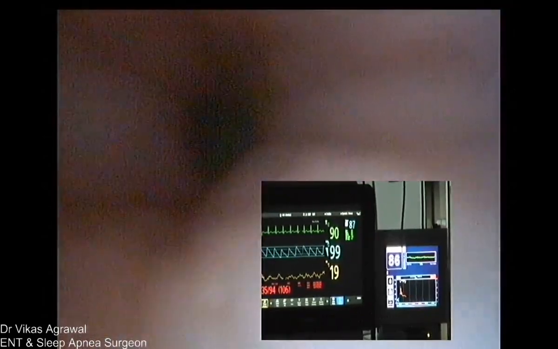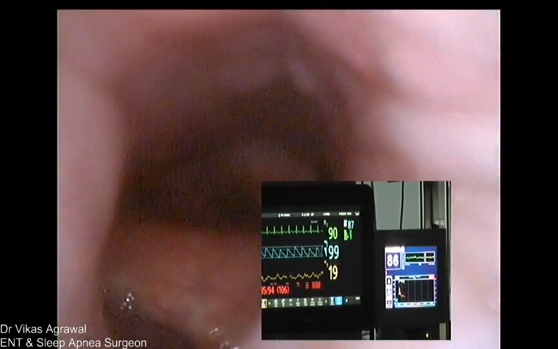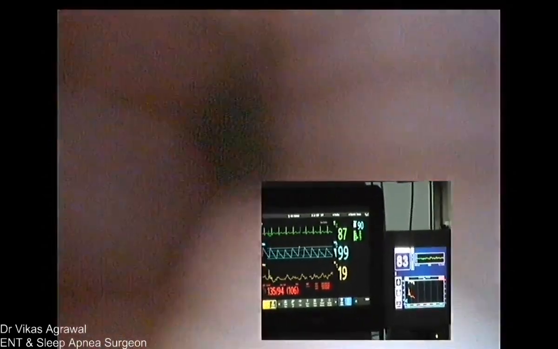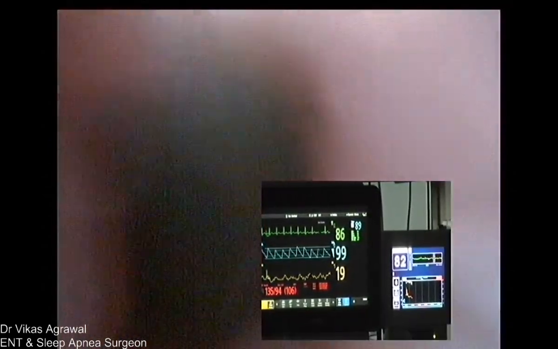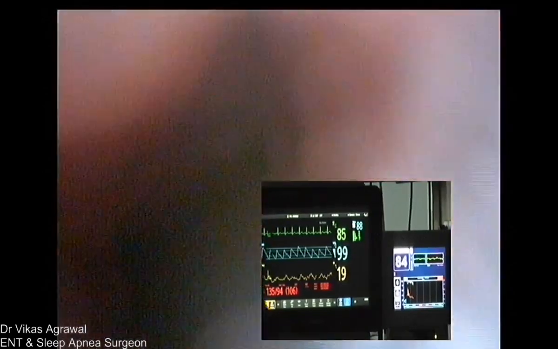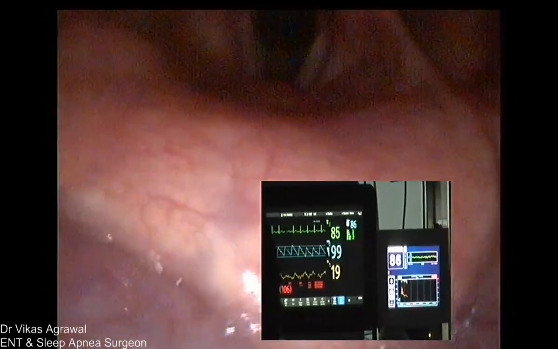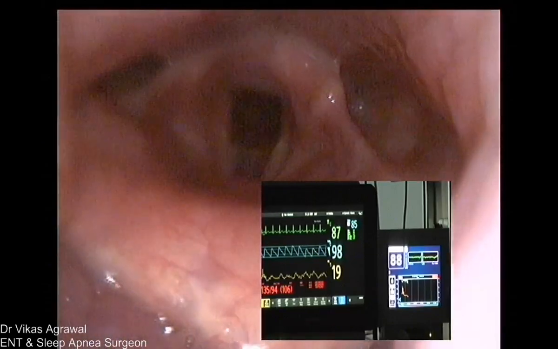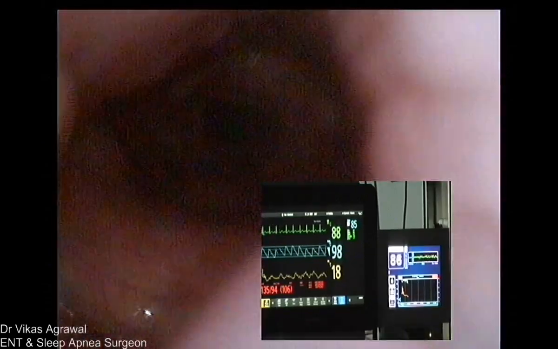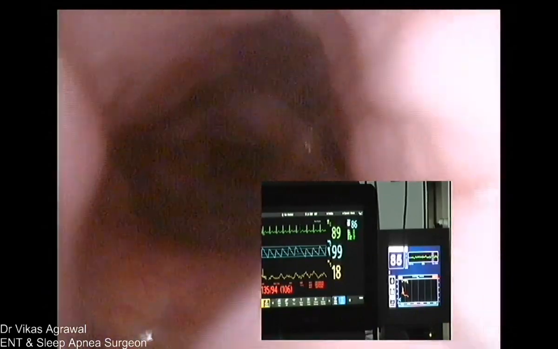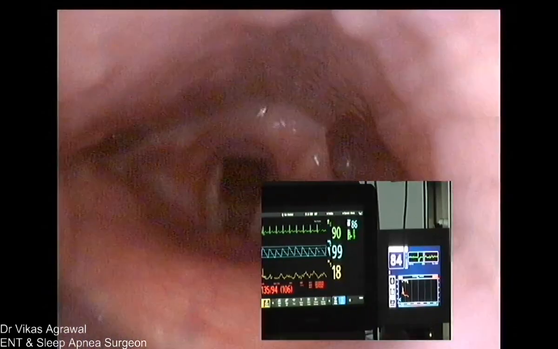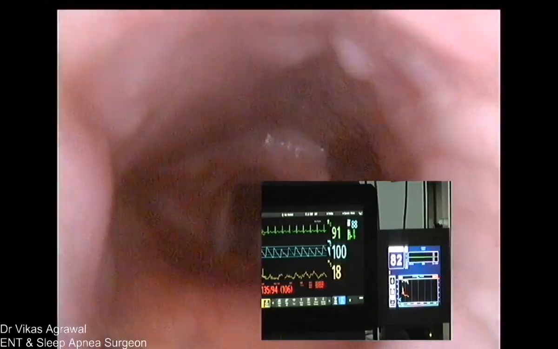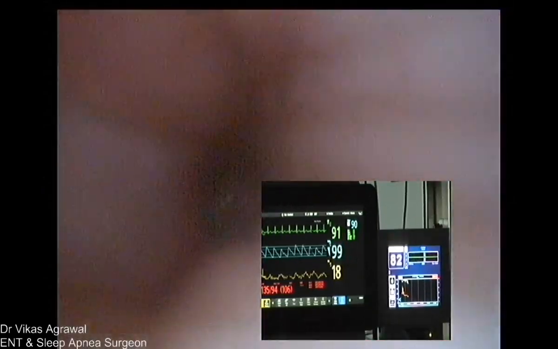It's mainly the soft palate. Now you can very, very clearly see that it is the soft palate. It's mainly the lateral collapse of the soft palate.